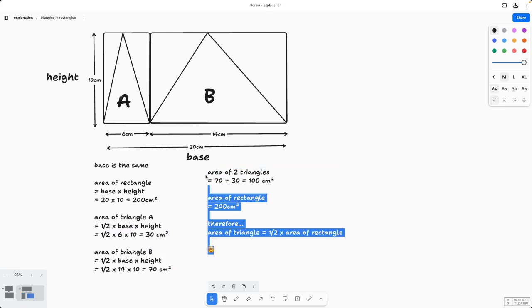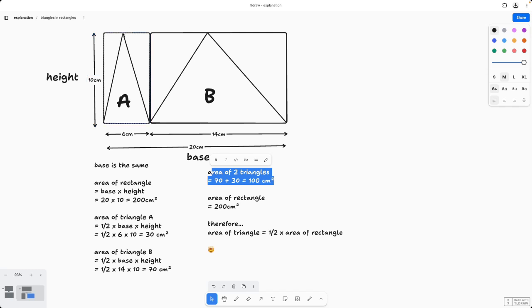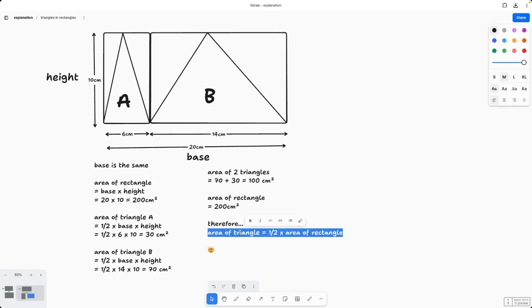But if we combine the areas of the triangles, no matter what, if both of their bases make up the whole base of the rectangle and they also connect to the other side over here, then any number of triangles in a rectangle still has a total area of half the area of the rectangle.